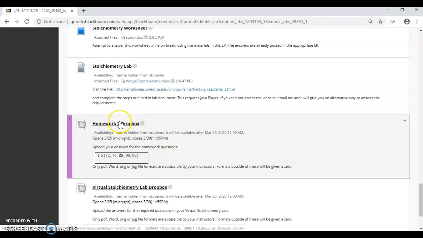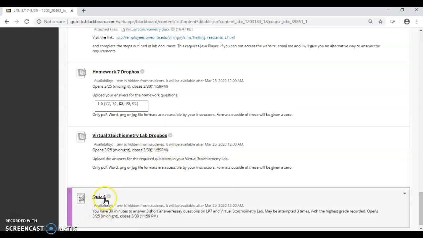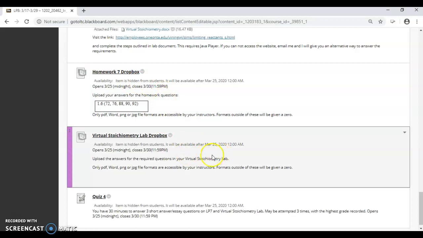Right? Homework 7. So now instead of physically giving your homework 7 to me, there will actually be a Dropbox in which you can submit that homework. All right. There's also quizzes. Instead of being held in class, they are now going to be held through Blackboard. Now, the good thing about all of those things that we normally have done in person, like the lab worksheets, the quizzes, the homework, which you have handed before to me, is that the homework, the lab, and the quiz are now available in an extended window.